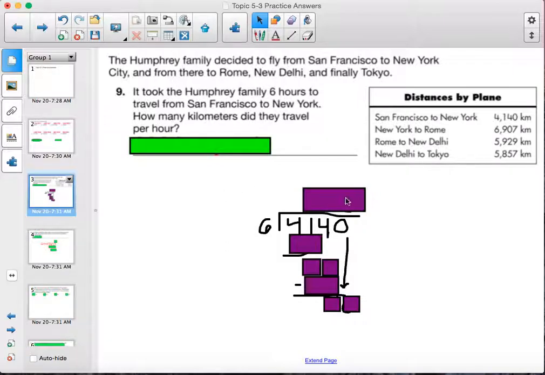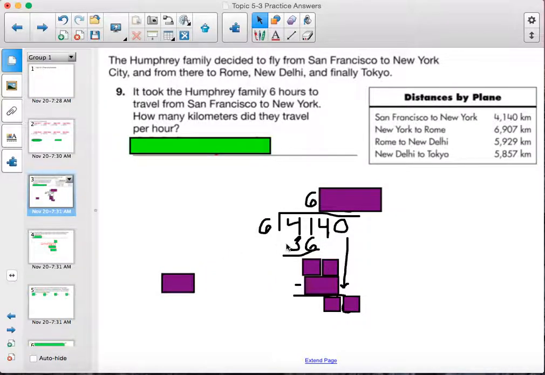Well, in this case, what you're going to do is you're going to take the distance from San Francisco to New York, which is 4,140 kilometers, and you're going to divide it by the 6 hours. So here's the problem down below, and you ask yourself, how many times will 6 go into 41? Well, it will go in 6 times. 6 times 6 is 36.